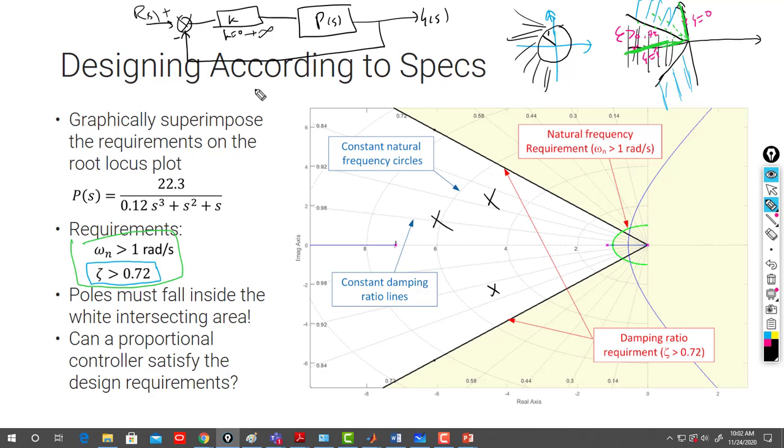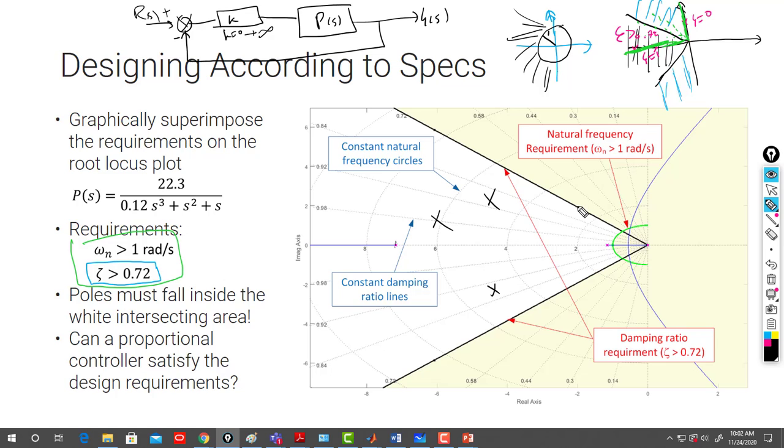So a proportional controller is not enough. You need to add integral or derivative. A proportional controller, from 0 to infinity, is not going to satisfy omega n more than 1 radian and zeta bigger than 0.72.